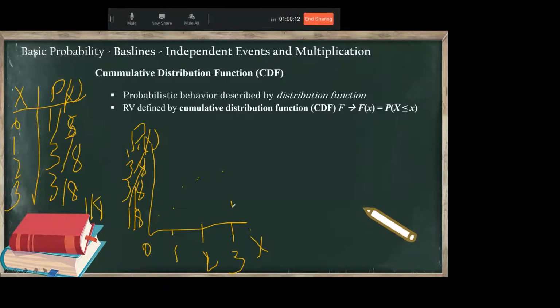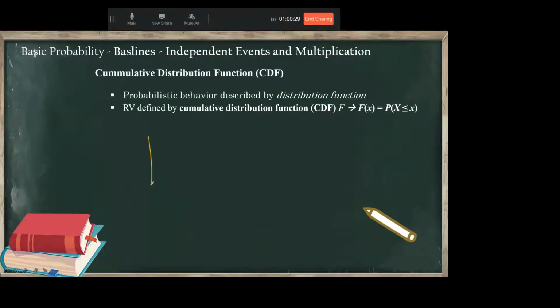So from 0, we can draw this one, something like that, if you put the exact value of 3 by 8. Let me make it more clear. This is 1 by 8.